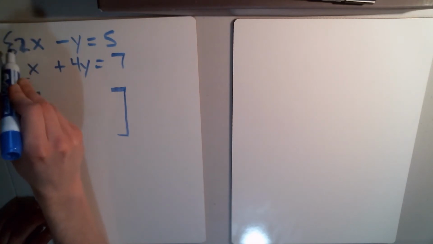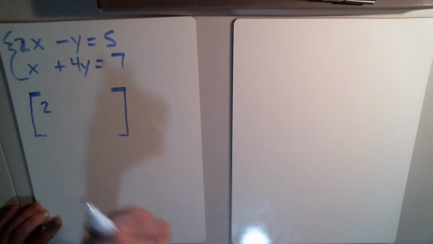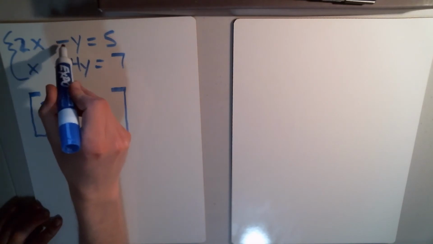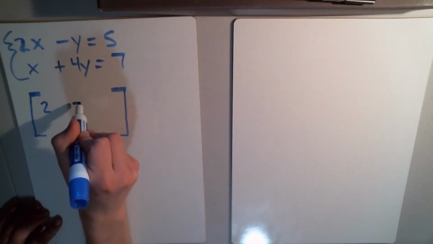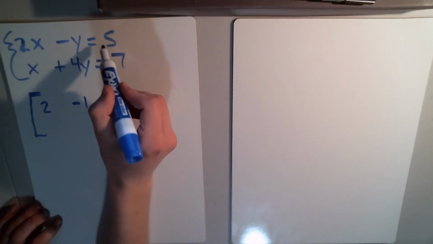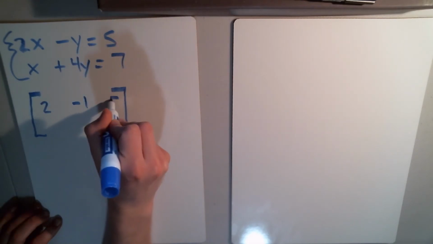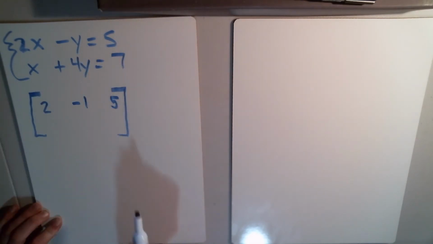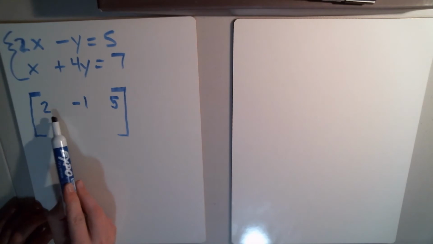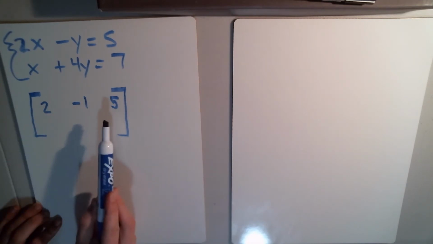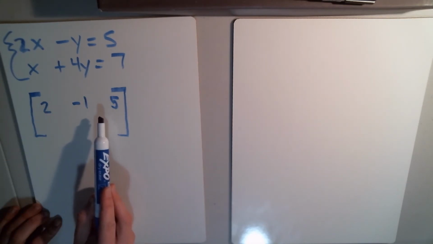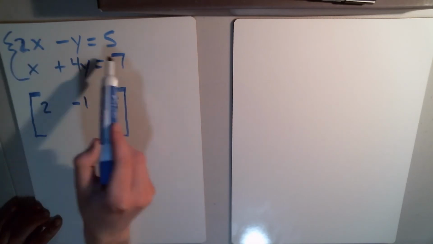The coefficient on this one is 2, so I'm going to put a 2 there. The coefficient on the y is -1, and then 5 is what it equals, so I'm going to put 5. So I just put a row of numbers where the numbers are the coefficients that I'm dealing with in these equations.